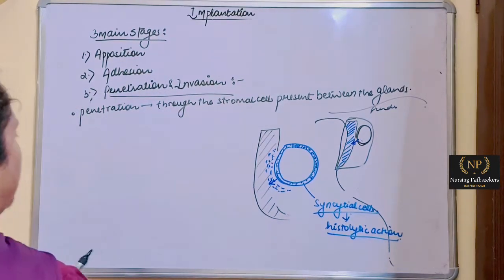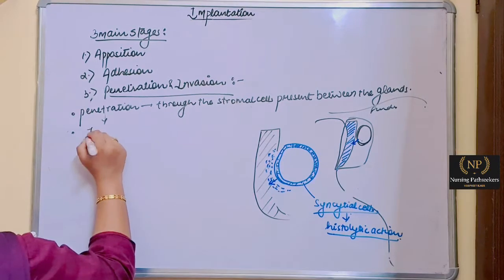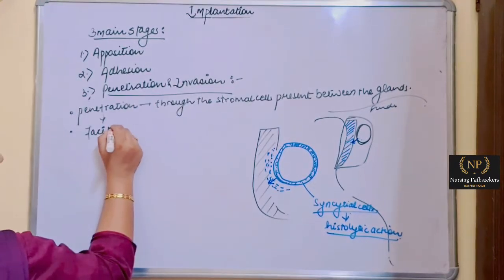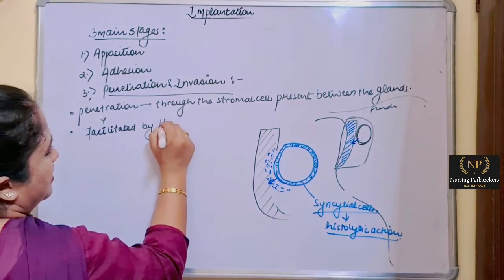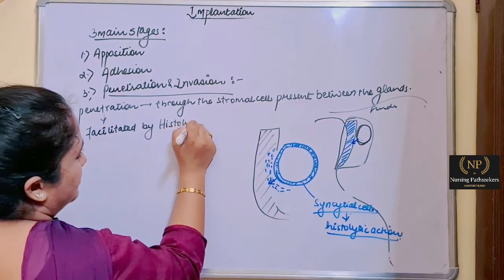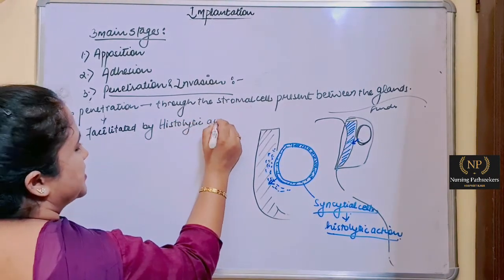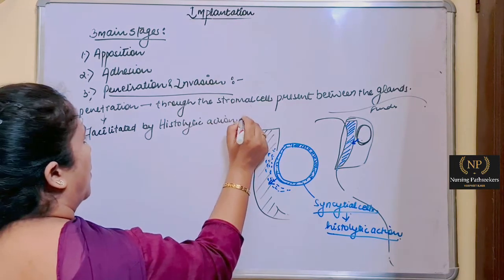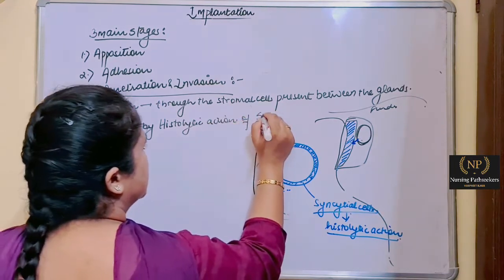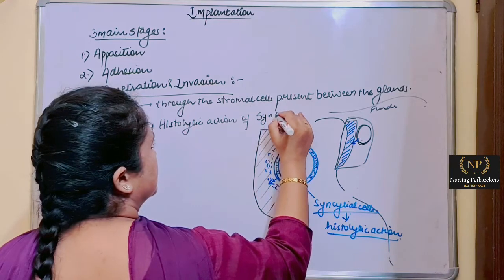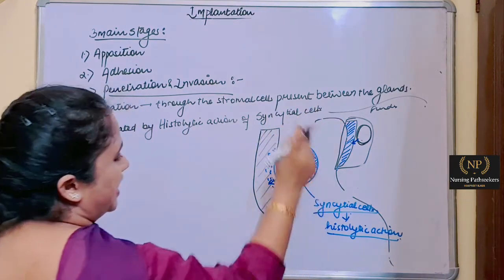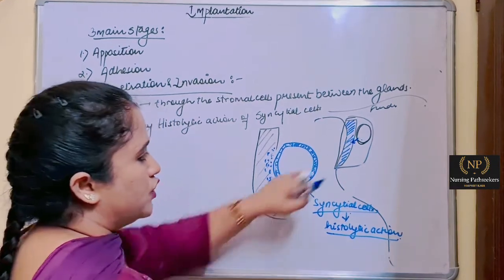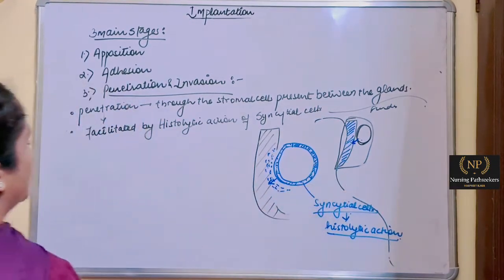See this process here. It will further penetrate into the endometrial layer with the lysis caused by the syncytial cells. This penetration is facilitated by the histolytic action of syncytial cells, which are the outer cells of the trophoblast.